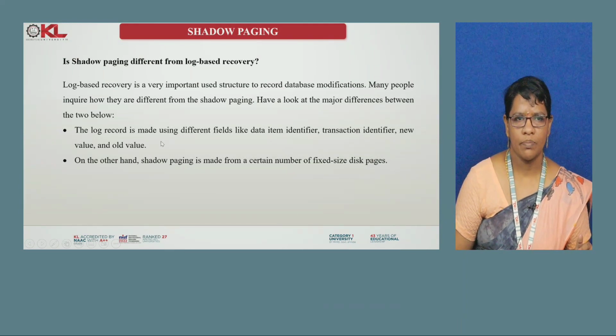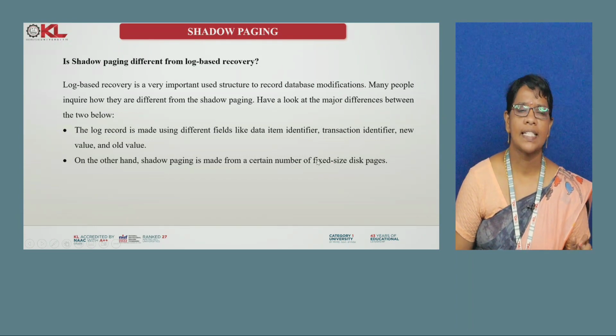A log record is made of different fields like data item identifier, transaction identifier, new value and old value, whereas shadow paging is made only from a certain number of fixed size disk pages. Like this it is different.